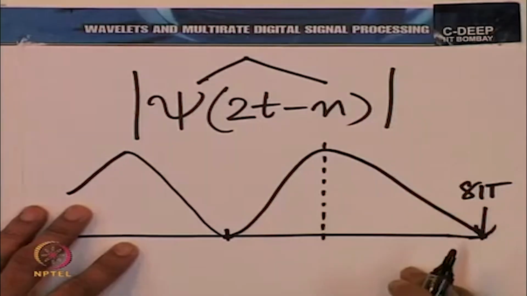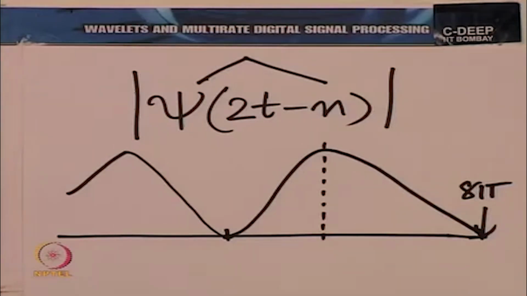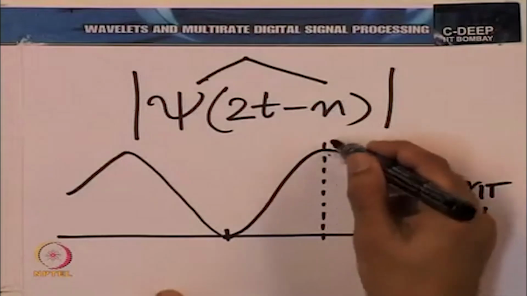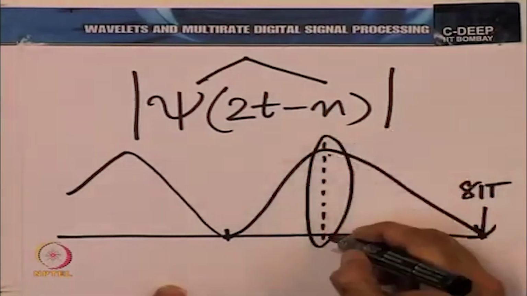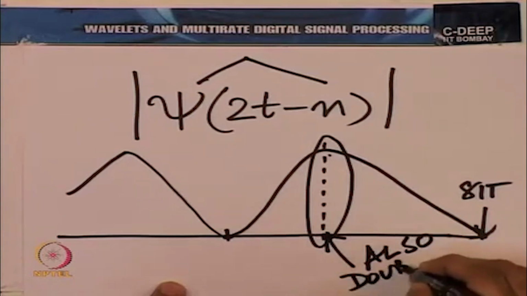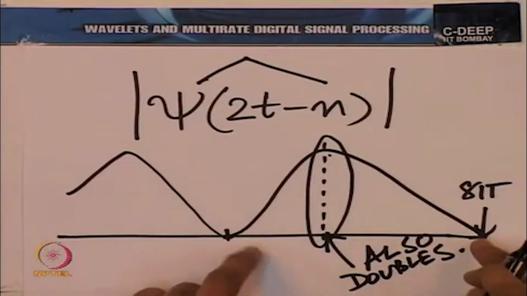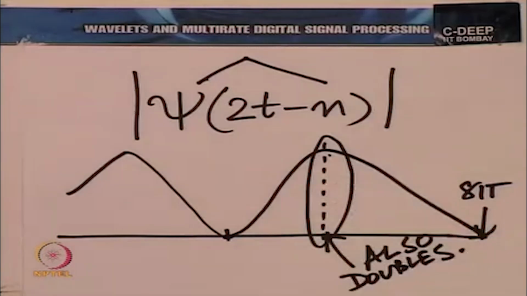You must keep in mind that unlike the case of phi, in psi we have two changes taking place. One is that the band expands, the main lobe expands and each of the side lobes expand. But the second is that the center frequency, the point where this was a maximum here, this center frequency also doubles.